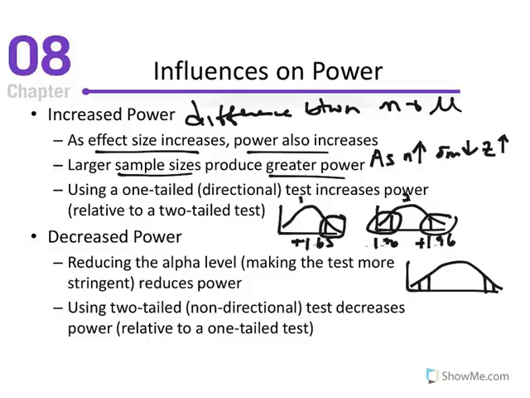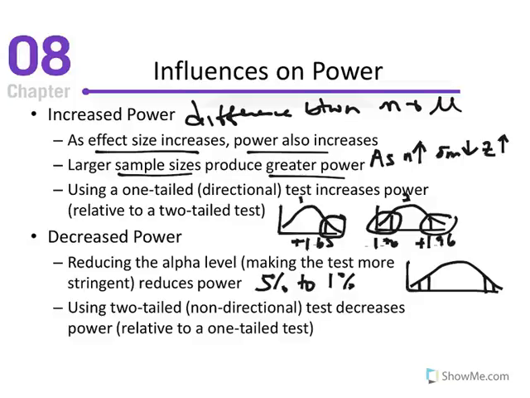So implementing more stringent tests, meaning that we have a smaller alpha, we go from 5% to 1%, visually speaking, that decreases the critical region, decreases our likelihood of rejecting the null, and decreases our power.